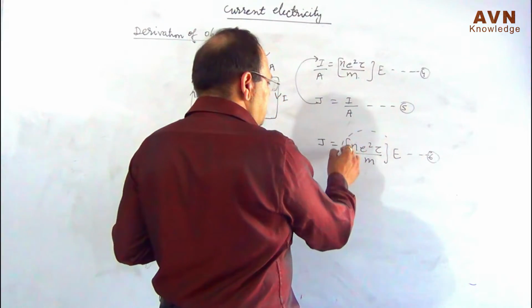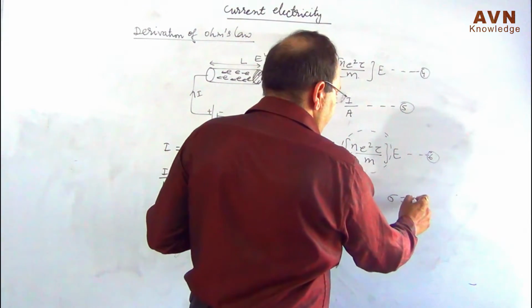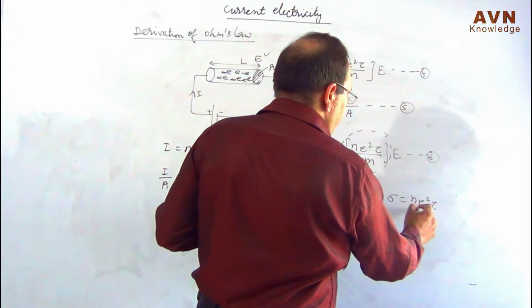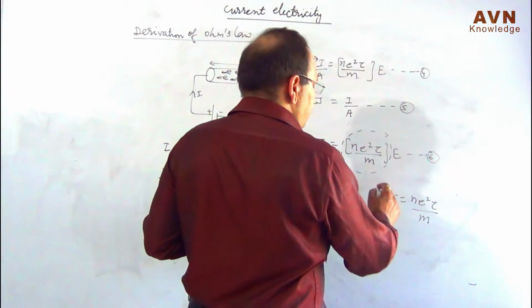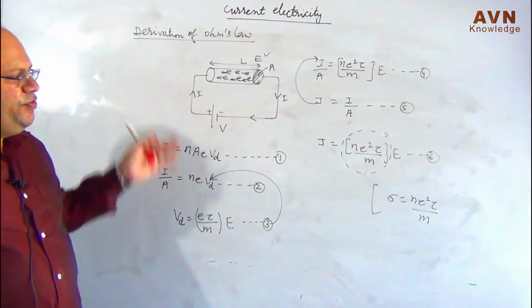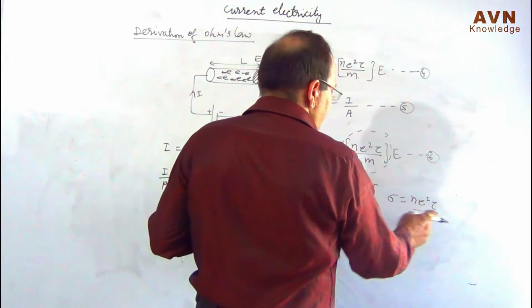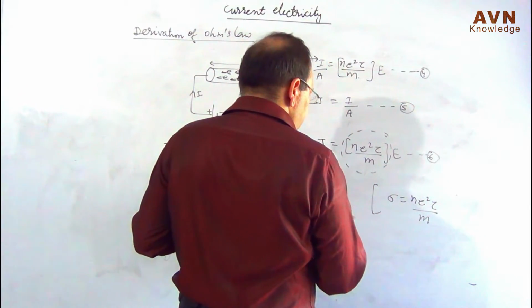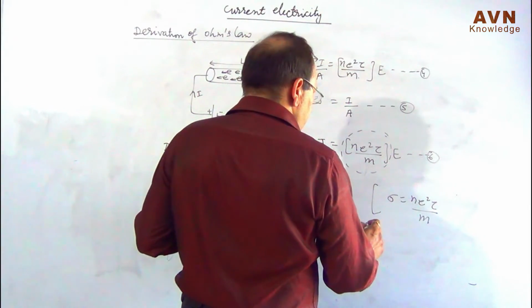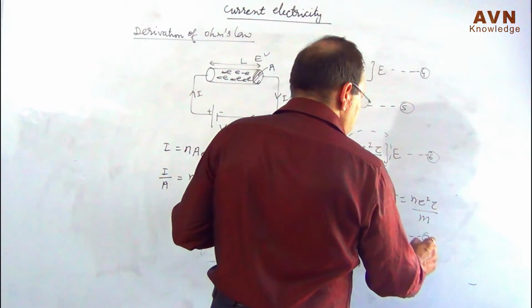And this is a constant quantity, n e square tau upon m, which is called the conductivity, as we saw in the previous chapter. So J equals sigma into E, that is equation 7.